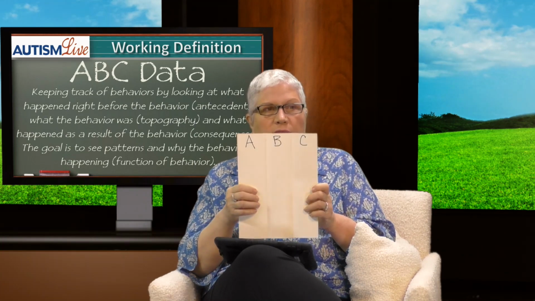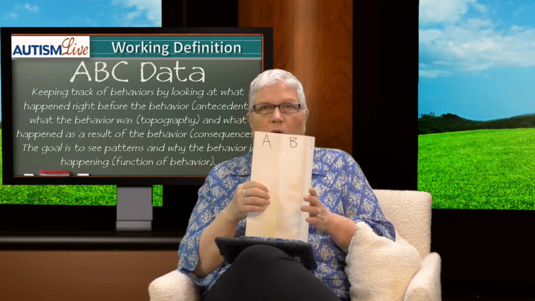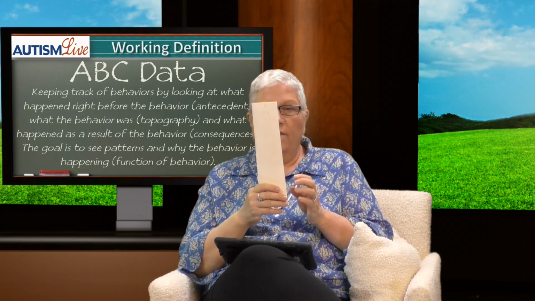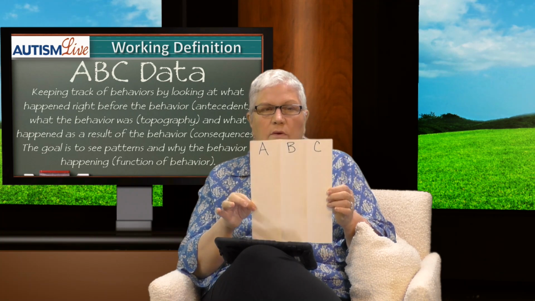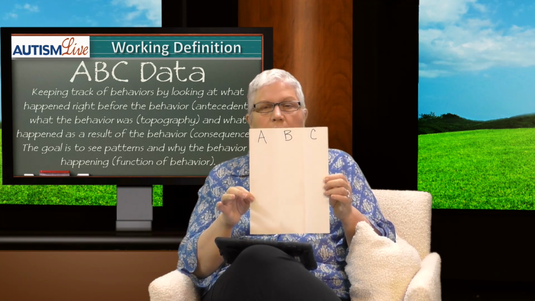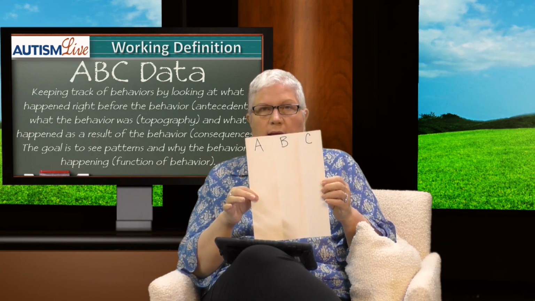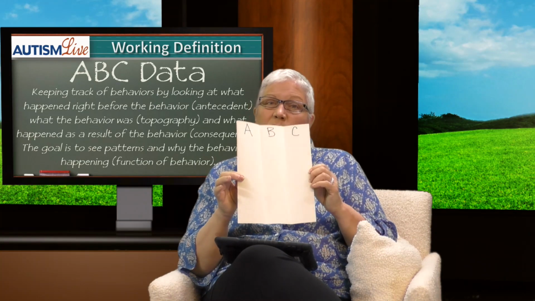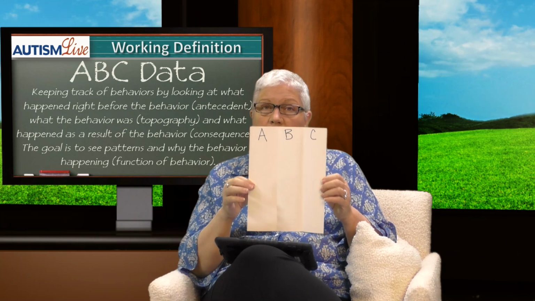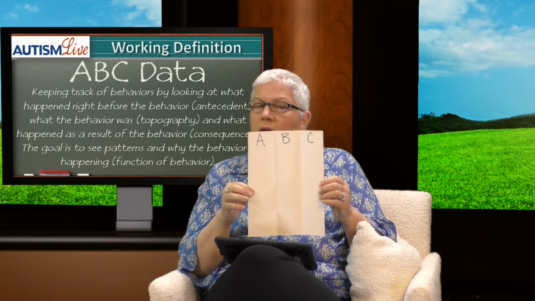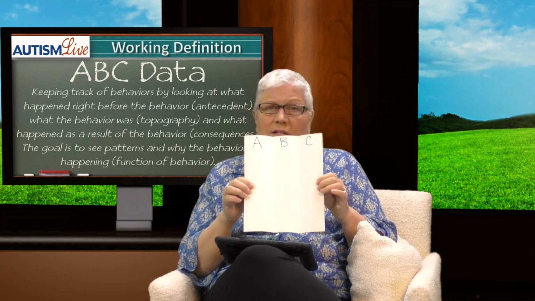So I often do this on the show where I'll just take out a piece of paper and fold it into threes. Now I did this on cardstock so that I could use it again multiple times, because I'm often doing it on ragged sheets of paper. But I used to walk around and have one of these in my pocket. Like, we would go to the park and I would have one of these in my pocket. Now, you can do this on your phone.